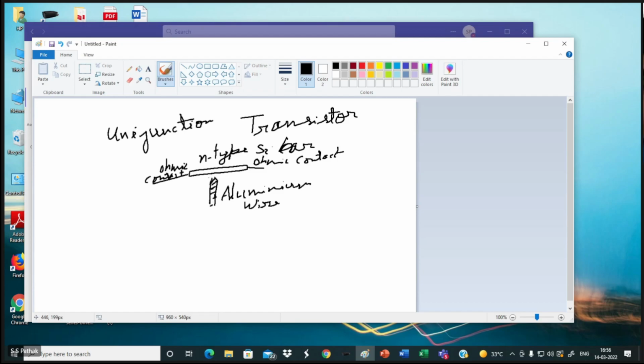This aluminum wire is now fused here. Just see. Here is ohmic contact, but if I fuse the aluminum wire into N-type silicon that is highly doped, the aluminum becomes something like P-type.